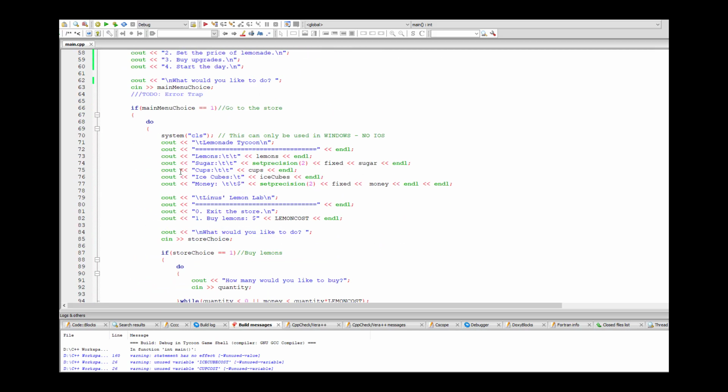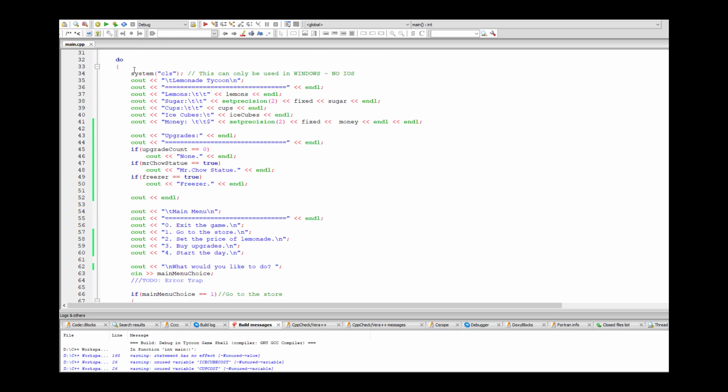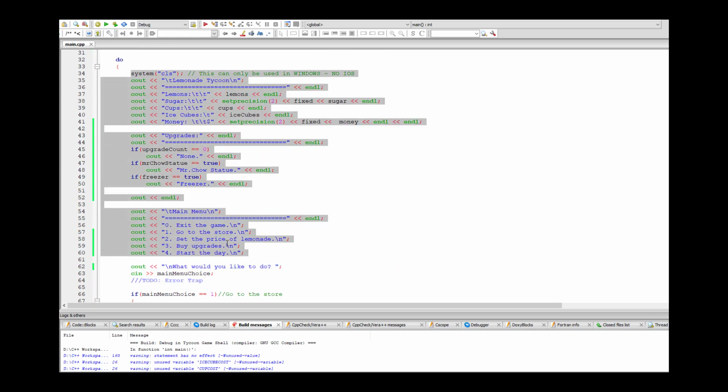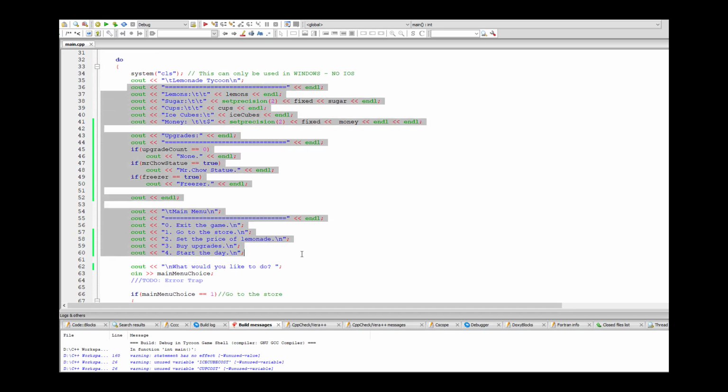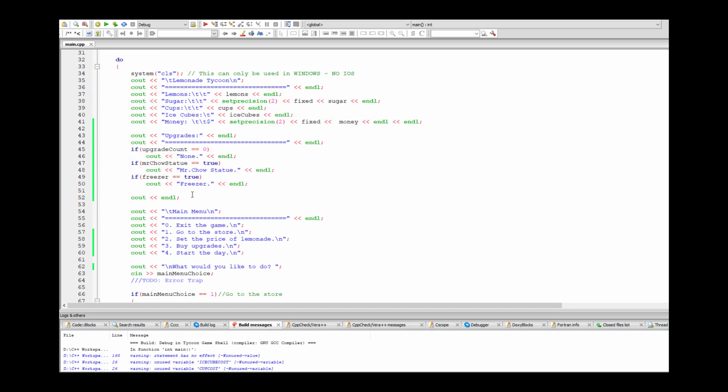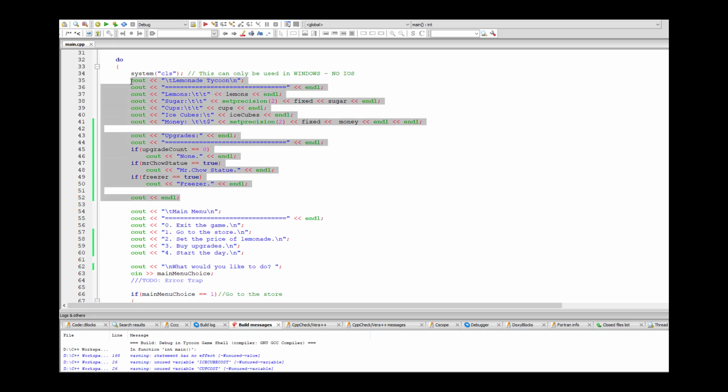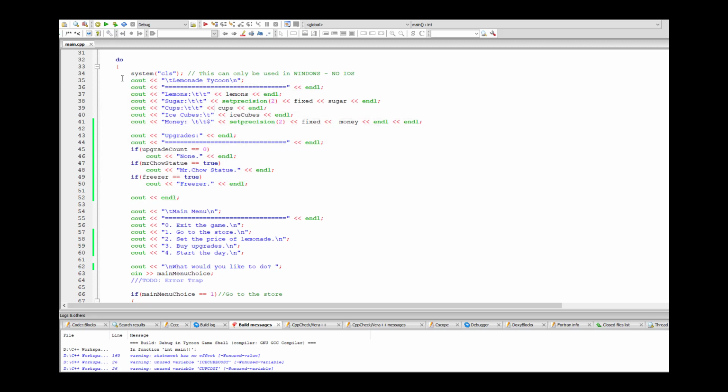All right, so now that I have it, the reason why I changed it on the menu is because I want to be able to copy this to the other menus. Okay, just this section here. Actually, this is the part where it's going to say the store.